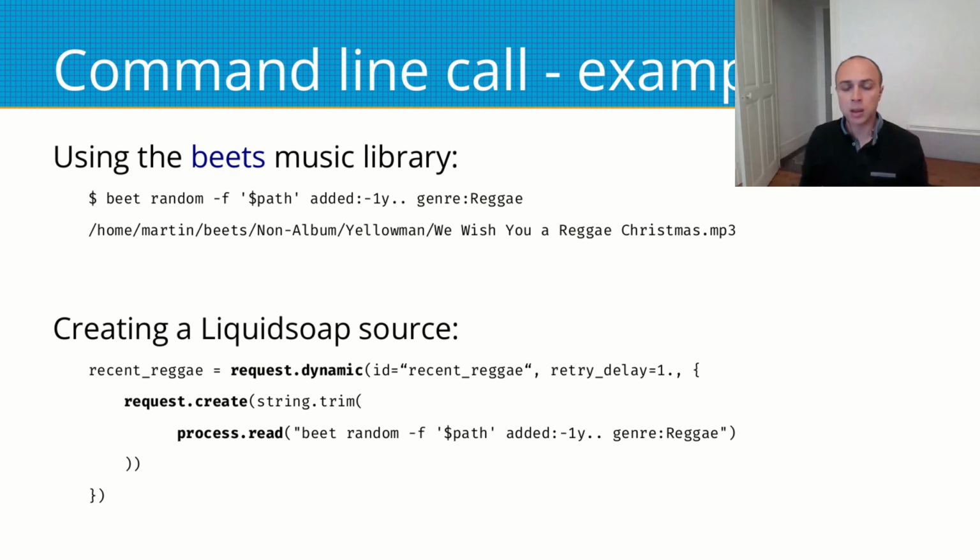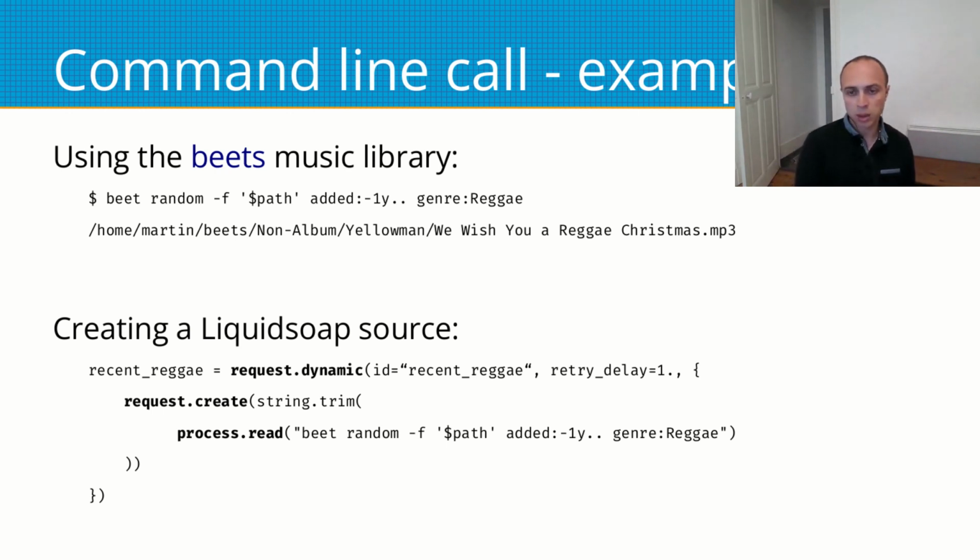So it just prints the path to the file I want to play. I'm showing what I test in the terminal, and this is what Liquidsoap can do with the following example. So request.dynamic is a source in Liquidsoap. I added a retry delay of 1 second. Usually it never retries, but this is in case things go bad.